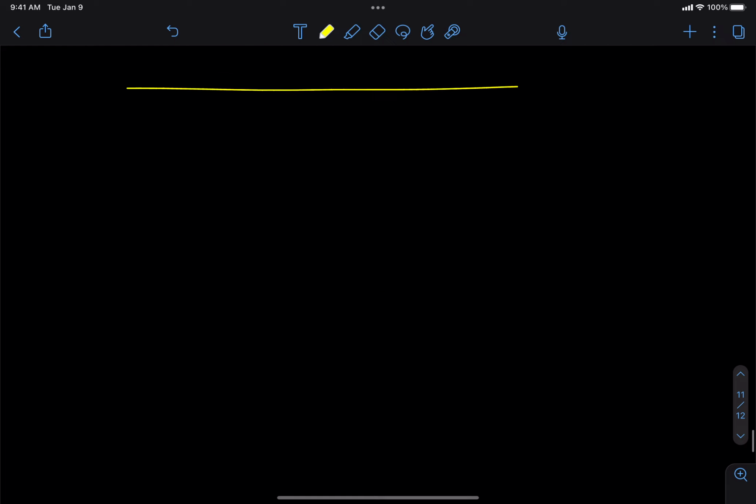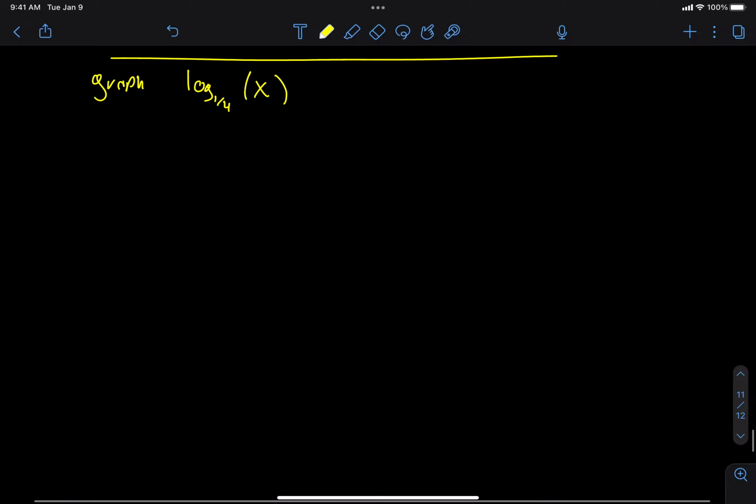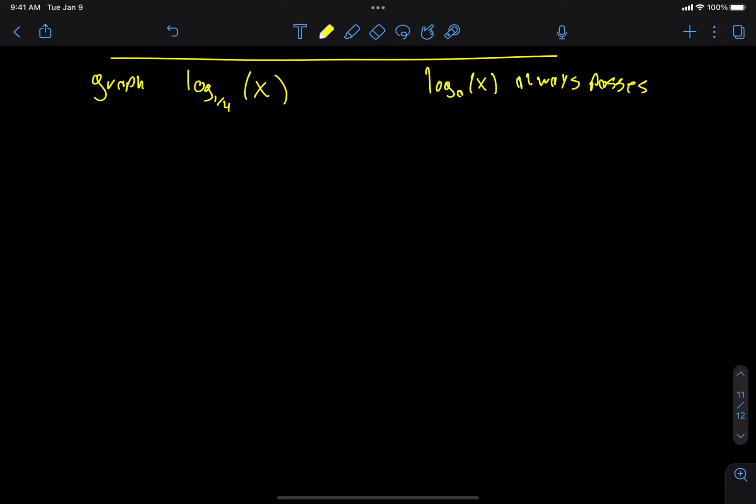Graph, let's go information first. Graph log base 1/4 of x. Okay, so log base a of x always passes through which 2 points?